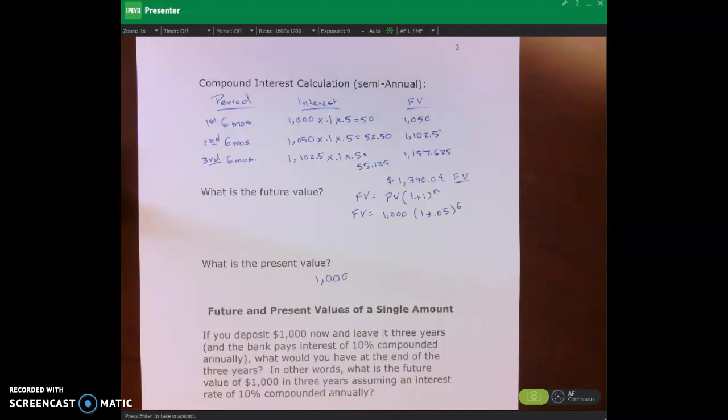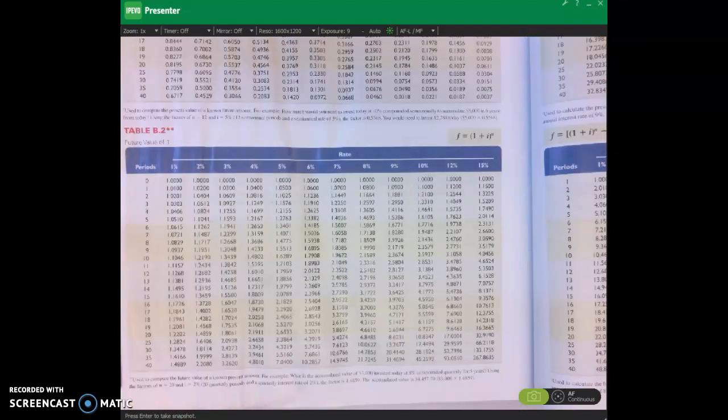And I want to take a look at the future value of a single amount table right now. So this table is table B.2, which is in your Appendix B, okay? And what this table shows you are those factors. And these are the factors that we calculated with 1 plus i to the n power.